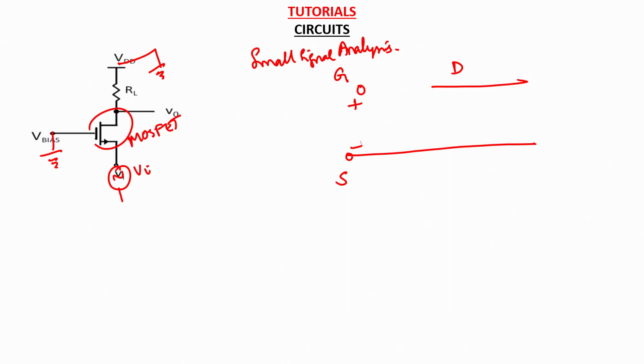So this VGS is at the input side, and you have a current source GM VGS between drain and source, and the RDS, which is the inherent output resistance of the MOSFET device, coming between drain and source. So this is the simple first order small signal equivalent model for a MOSFET device.